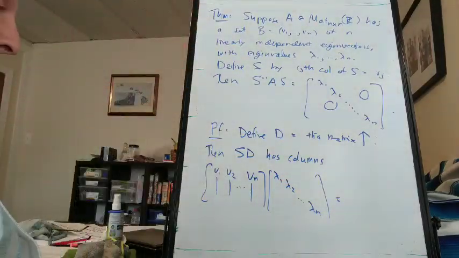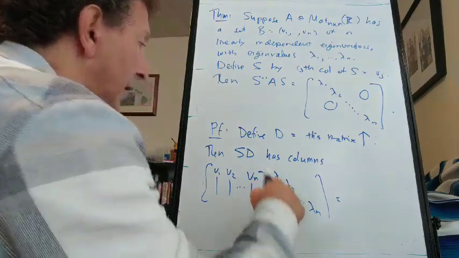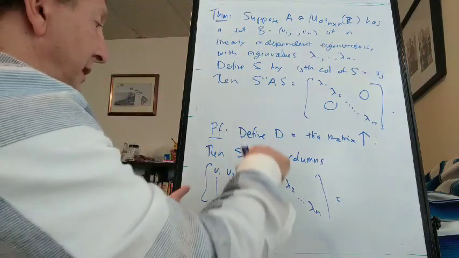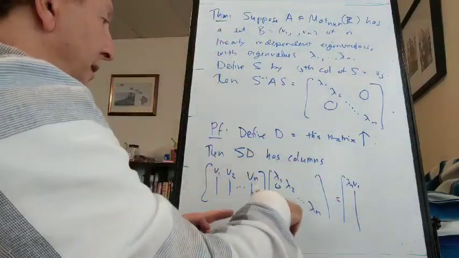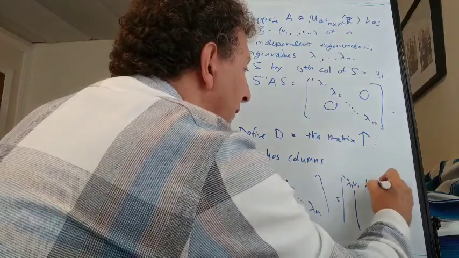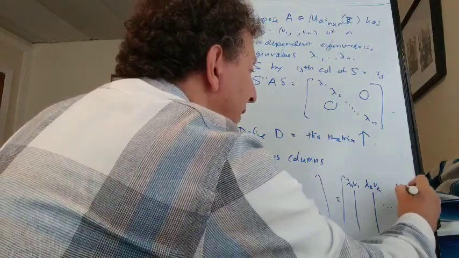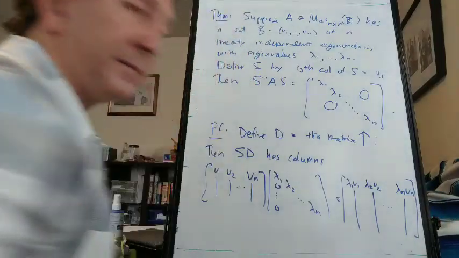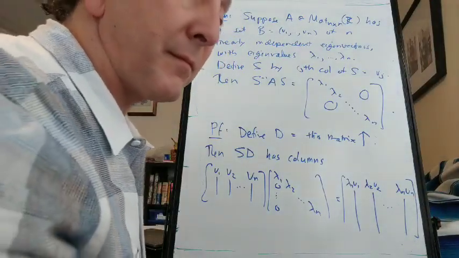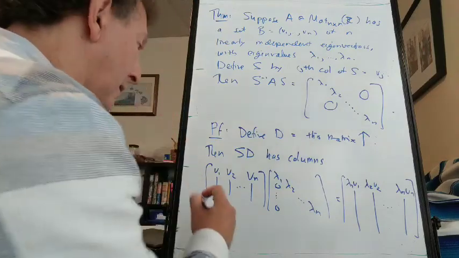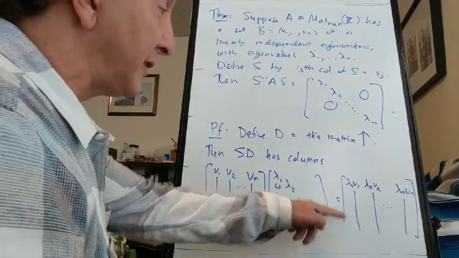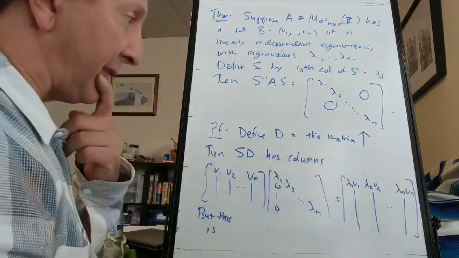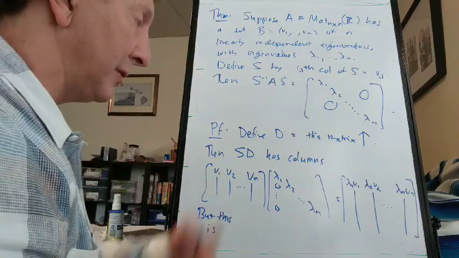So multiply these together. We see that the first column ends up being lambda 1 times V1. And then the second column ends up being lambda 2 times V2. And the nth column is lambda n times Vn. But this matrix is, well, V1 is an eigenvector of A with eigenvalue lambda 1.